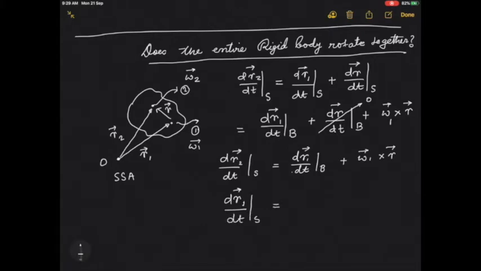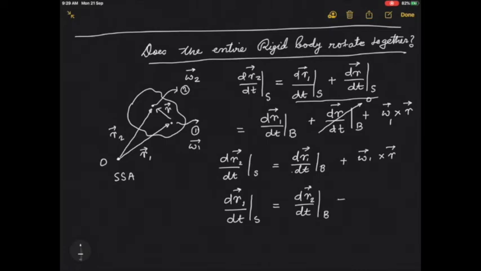Now I do the same thing, I calculate this when the rotation is with respect to 2. Okay, now what will it be? You see that everything is the same, all the analysis is the same, only when I write these two terms I have to write dr2 minus dr, because that's what is r1.